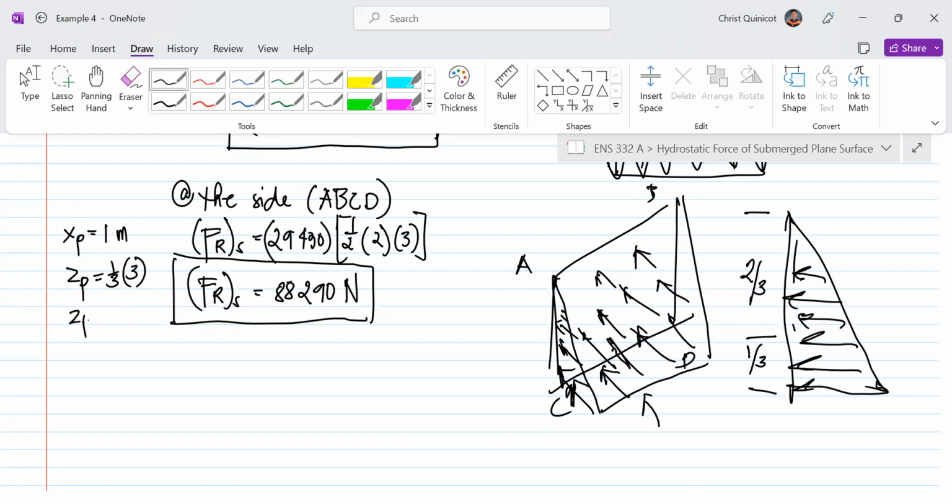So our Z sub P is equal to 1 meter from the bottom. This is X sub P and Z sub P. So these are the locations of our resultant forces using the rectangular prism principle.